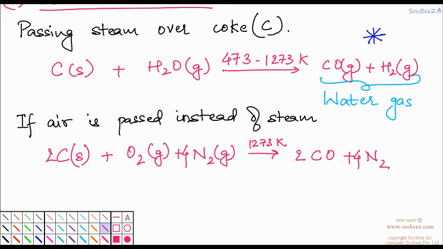Balancing this reaction, you get this. Again the salient feature about this reaction is that this entire mixture of gases is called producer gas, and this is also a fuel.